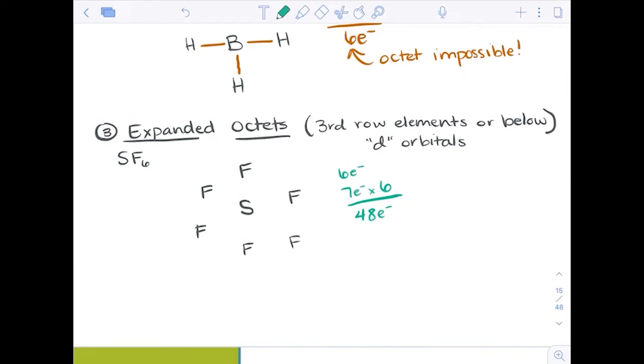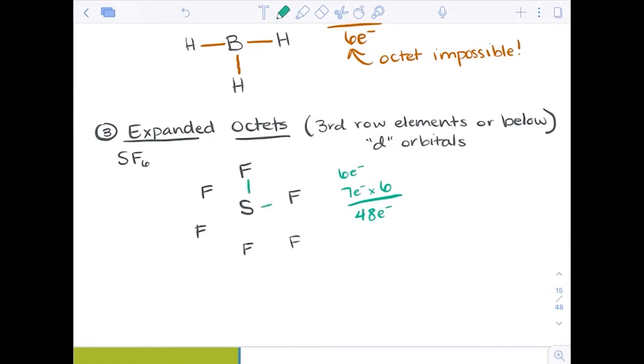Sulfur can expand his octet because he has the miraculous n equals 3 principal quantum number for his outermost shell. When we know n equals 3, L could equal 0, 1, or 2. And so technically, even though sulfur's valence electrons only go up to the 3p4 orbital, we still have the d orbitals available.